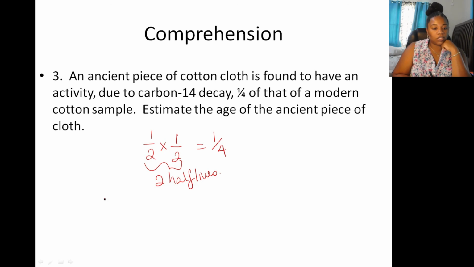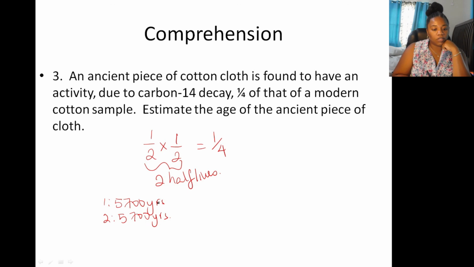So we know that carbon-14 takes approximately 5,700 years to decay to half its original amount. So if we're dealing with 2 half-lives, we know that we're dealing with 2 sets of 5,700 years.